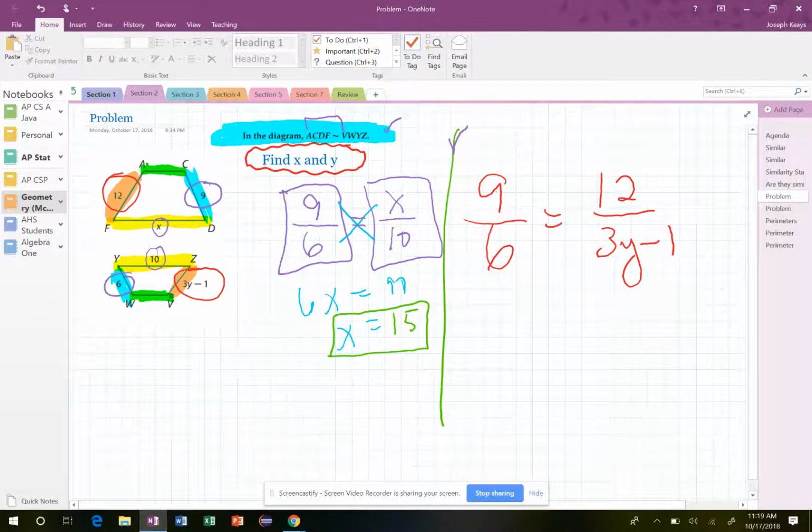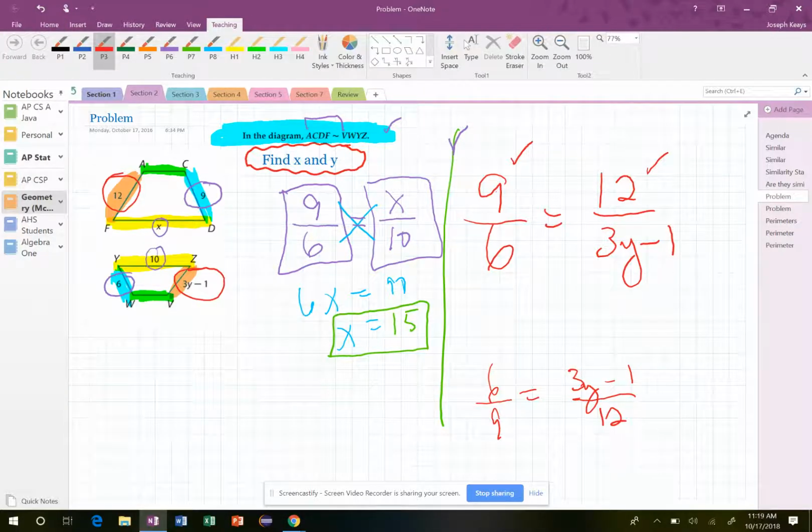And be sensitive: if you choose to do the 9 first over the 6, then you have to use the 12 first over the 3y minus 1. There's nothing wrong with writing the 6 first over 9, but then you have to write the 3y minus 1 over 12. So order here becomes very important. Both of these setups will work in order to solve for this, but I'm going to erase this one and use the top one.